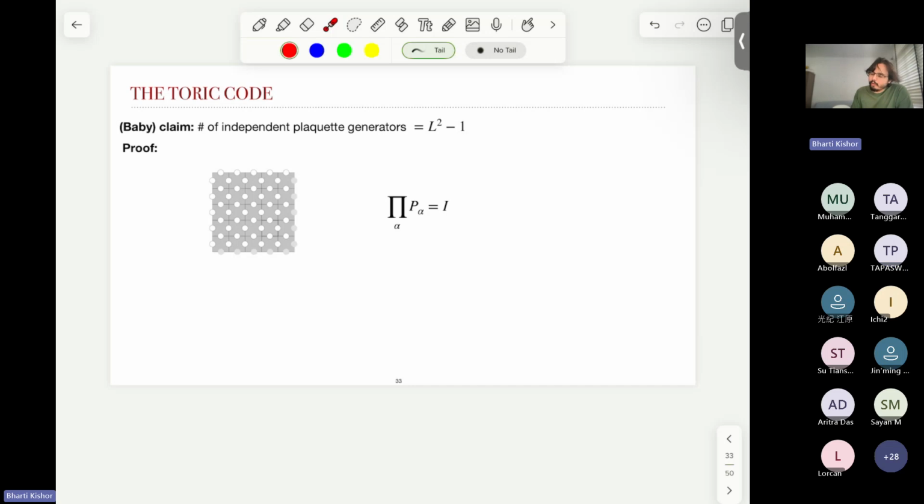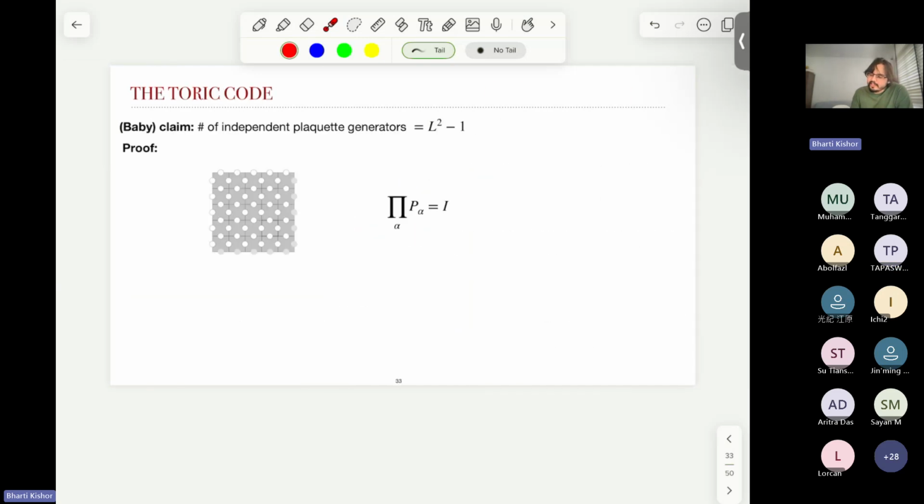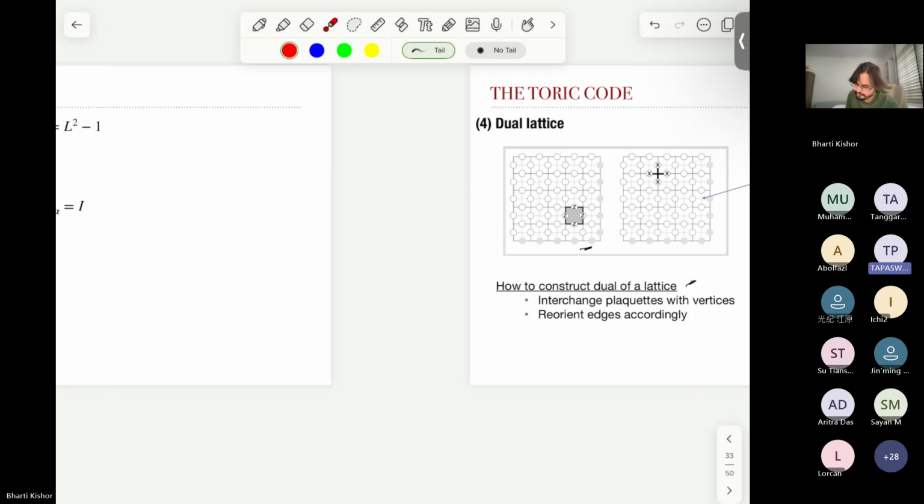The product of all plaquette generators is identity everywhere, and that's a constraint. So we started with L squared plaquette generators, and because of this constraint, the number of independent plaquette generators is L squared minus 1.